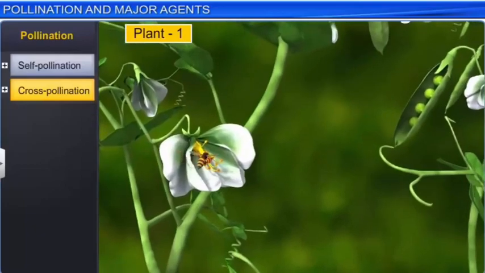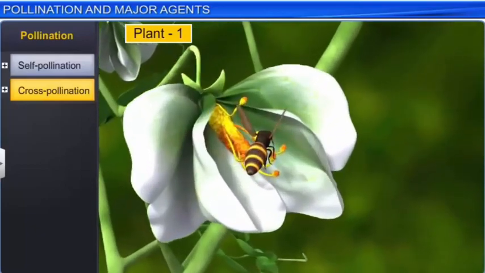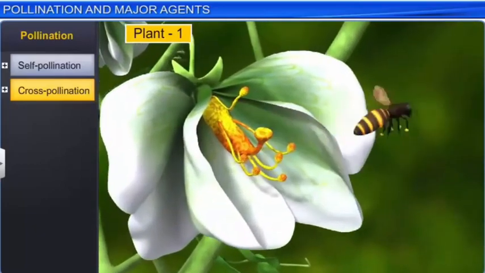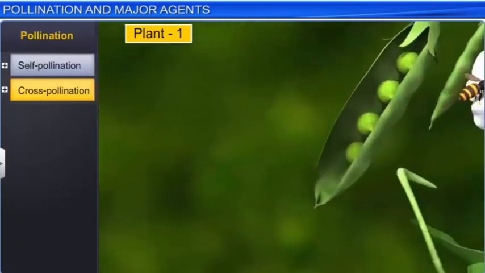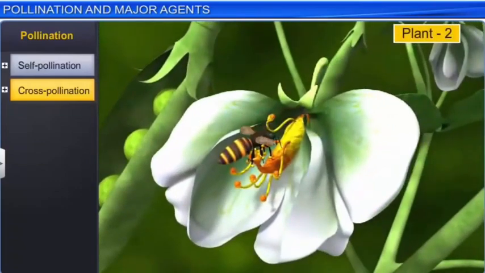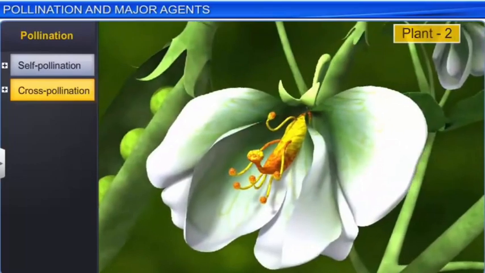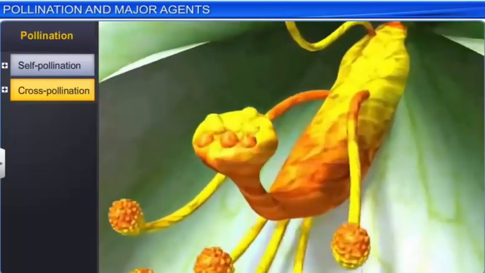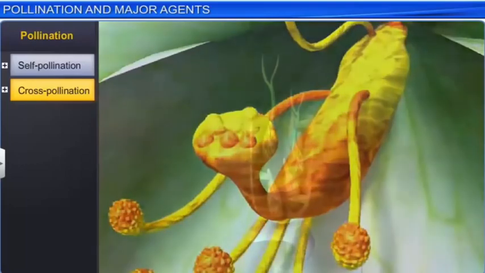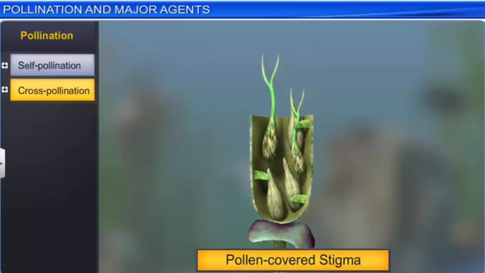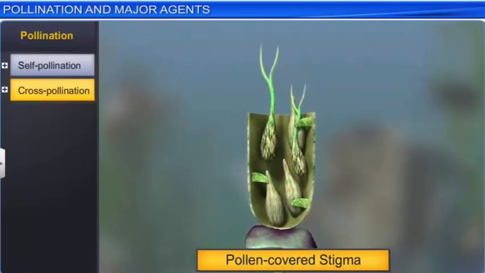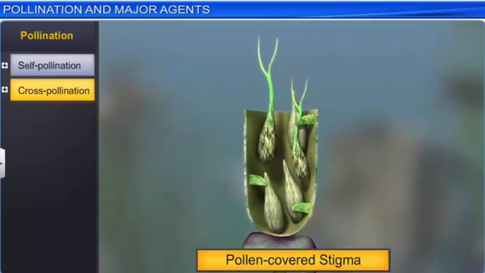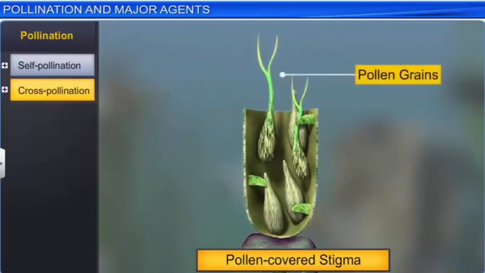This type of pollination involves the transfer of pollen grains from the flower of one plant to the stigma of the flower of another plant of the same type. This type of pollination is called xenogamy, or allogamy. Interestingly, xenogamy is the only type of pollination that brings genetically different types of pollen grains to the stigma.